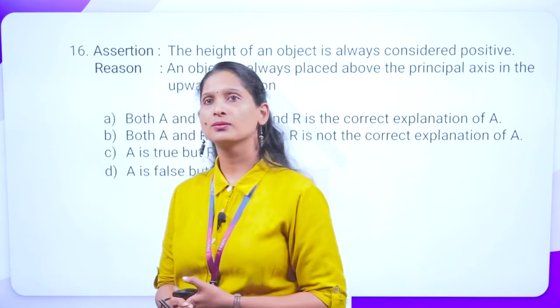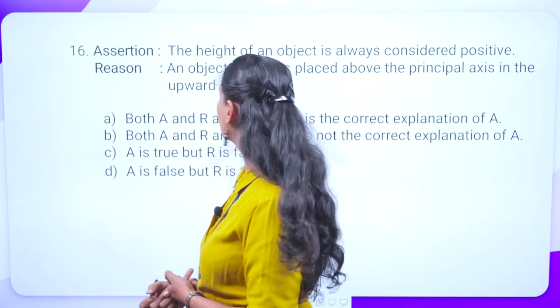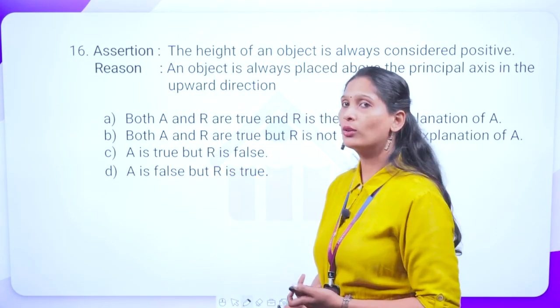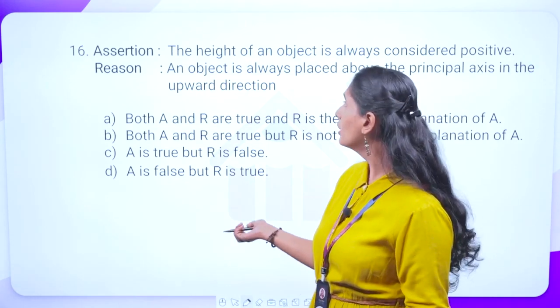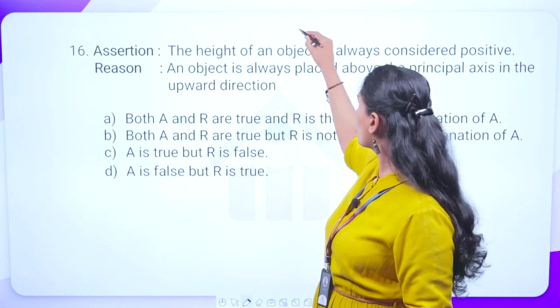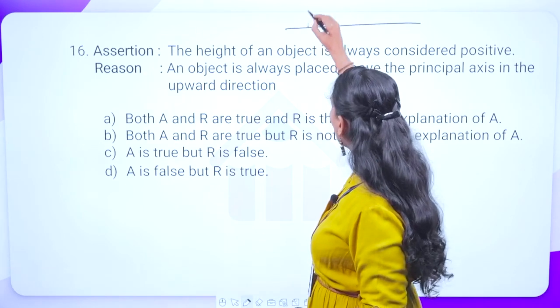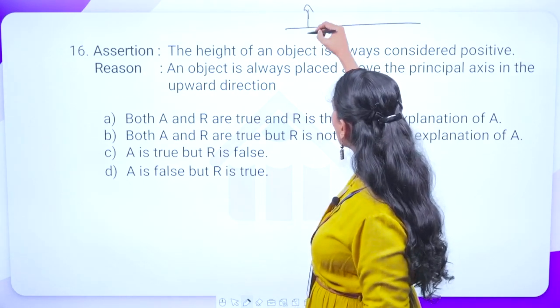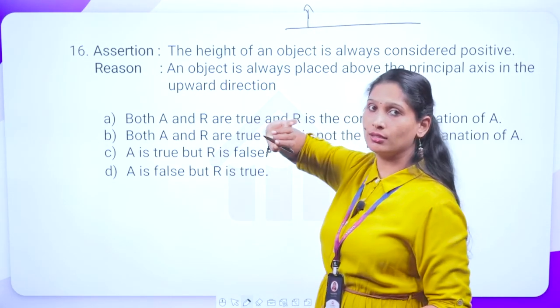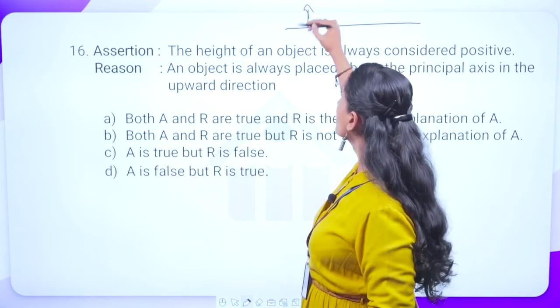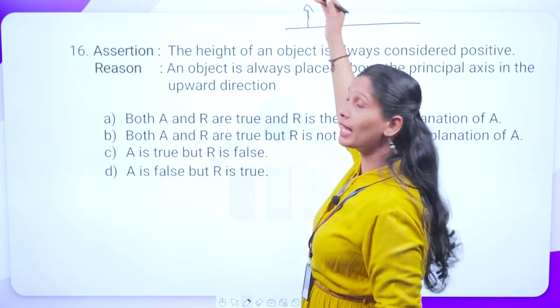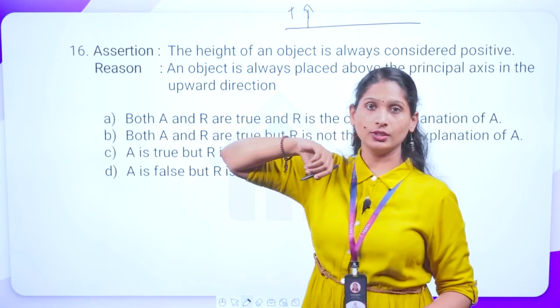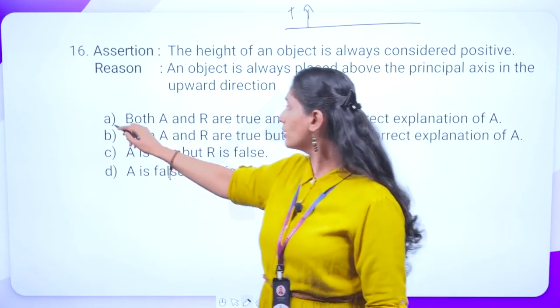I don't think any explanation is required here, because we know that the height of an object is always positive, since the object is placed above the principal axis. Okay, that is clear. So it is option A.